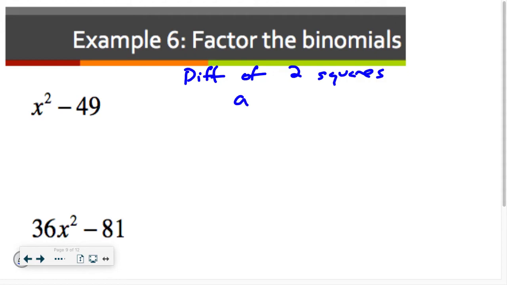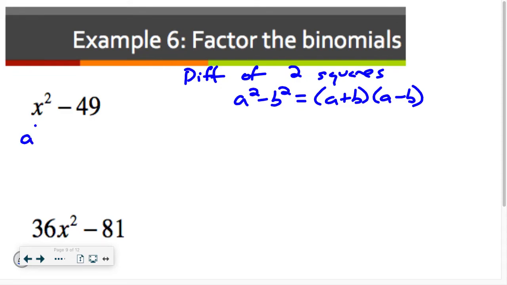And what that means is if I have my binomial look like this, where it's in the format of a squared minus b squared, it always factors into this style, a plus b, a minus b. So these two are perfect squares.